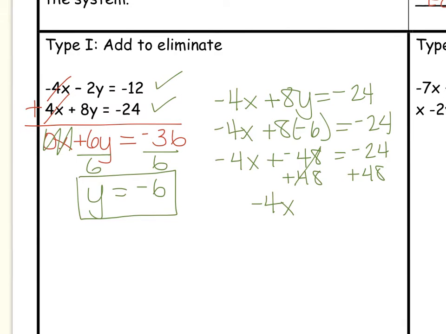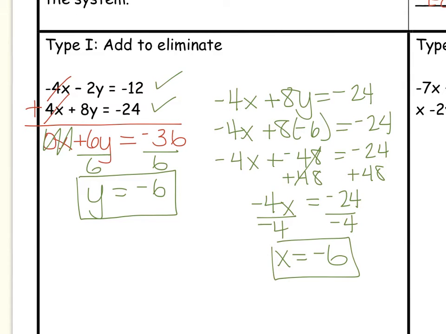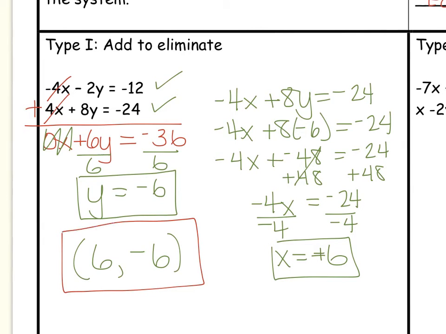I get 4x equals negative 24. Get rid of the coefficient of x by dividing by 4, and then I get x equals negative 6. So the solution to this system of equations is negative 6 and 6. And that is the solution to my system.